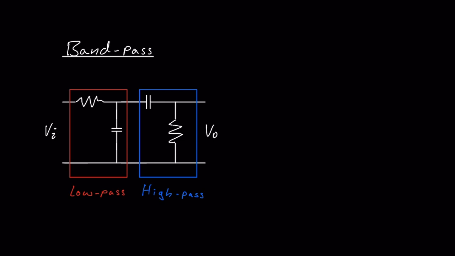So for this case, Vo over Vi is equal to, first, the low pass filter, omega C1 over S plus omega C1, because we have two different cutoff frequencies. And then we multiply by the high pass filter, which is S over S plus omega C2. So this is the band pass filter.